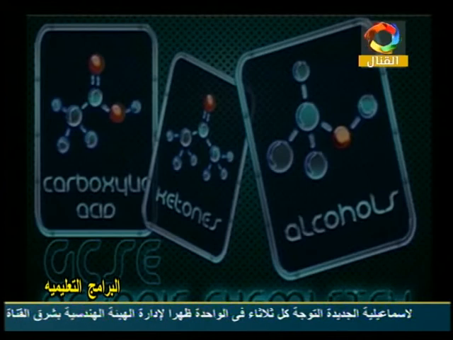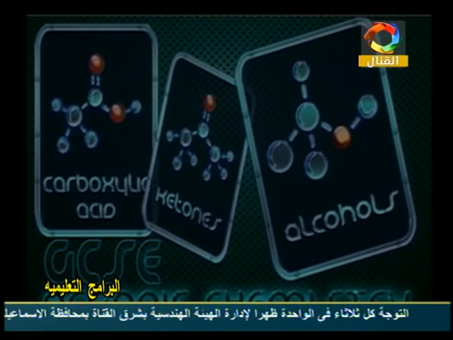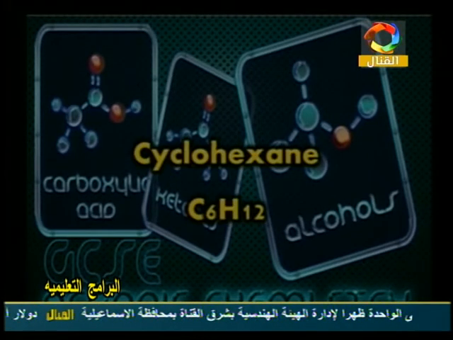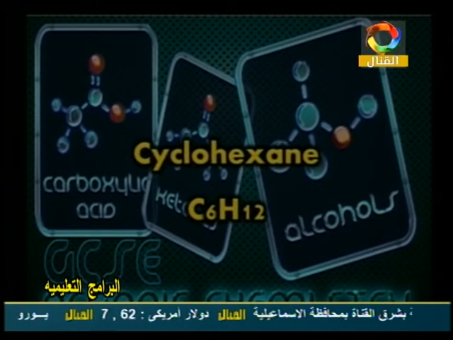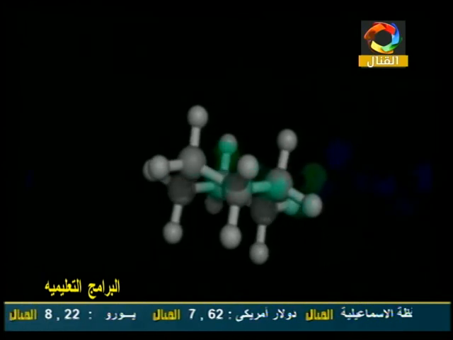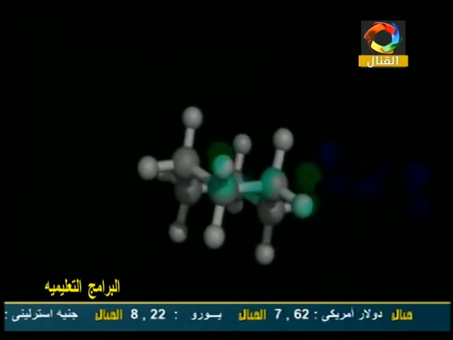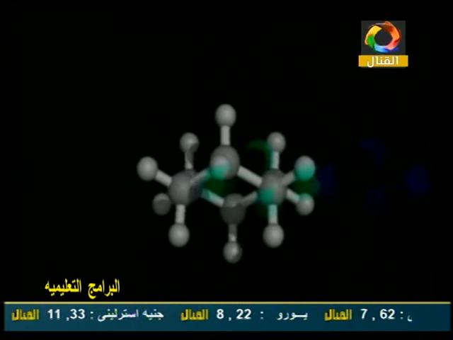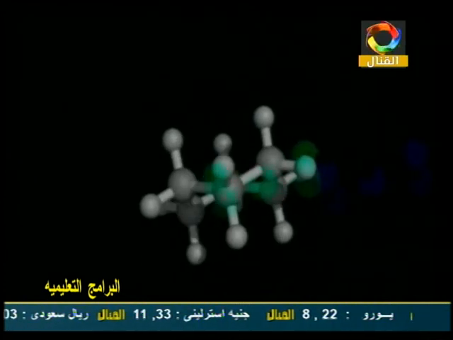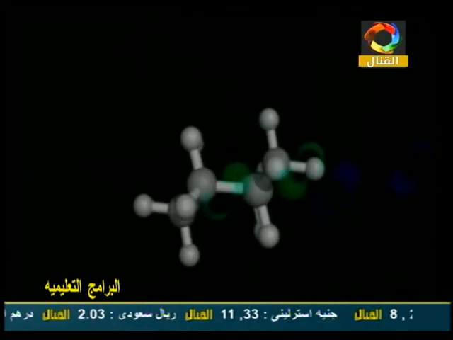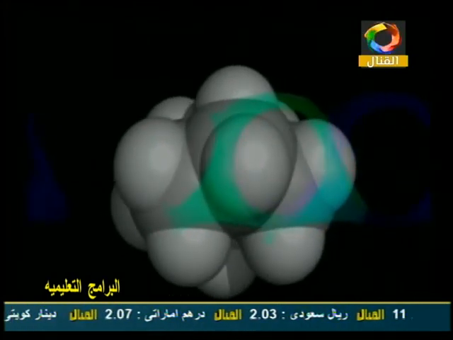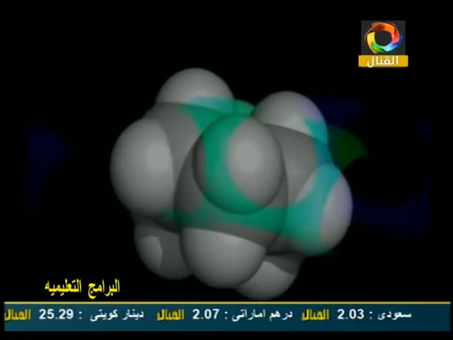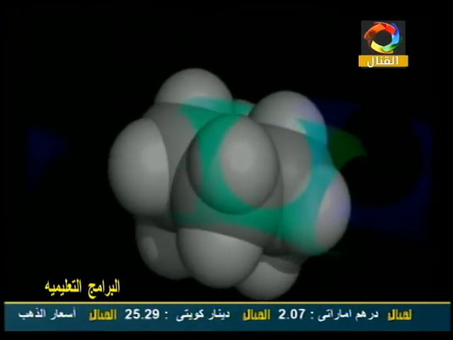Catch it and do it. For the last one, cyclohexane, C6H12. Hexa means 6. Now look at this, 1, 2, 3, 4, 5, 6 carbons, each bonded to 2 hydrogens, so the result will be 12. This is the shape, as you see, in different directions, moving together as a structural formula.